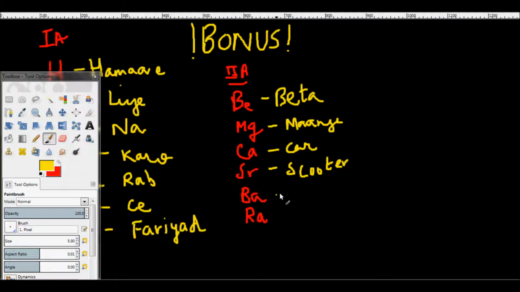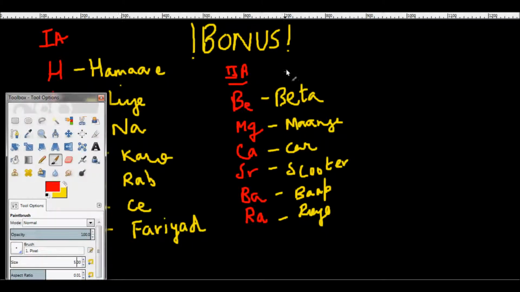Scooter, Bap. Bap means father. Roe. Yeah, so this means that the son asks for a car, a scooter, and the father cries. So that's how I remember it. It'll take you some time to remember it, but I'm just sharing knowledge here. This is really cool knowledge, according to me.